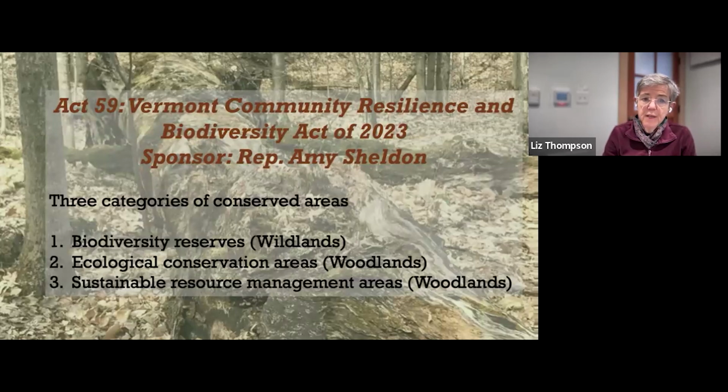It identifies 3 categories of conserved areas, very much mirroring these other ideas: biodiversity reserves, or wildlands; ecological conservation areas, or woodlands, as the Wildlands, Woodlands, Farmlands, and Communities report calls it; and sustainable resource management areas, which are also actively managed woodlands. It does not lay out the percentage of each of these, but people are working now to implement Act 59 and determine what these numbers are.